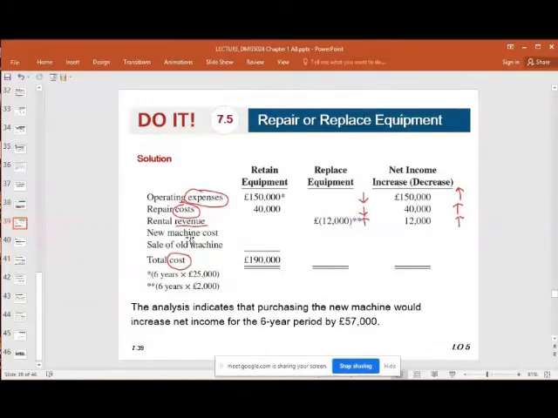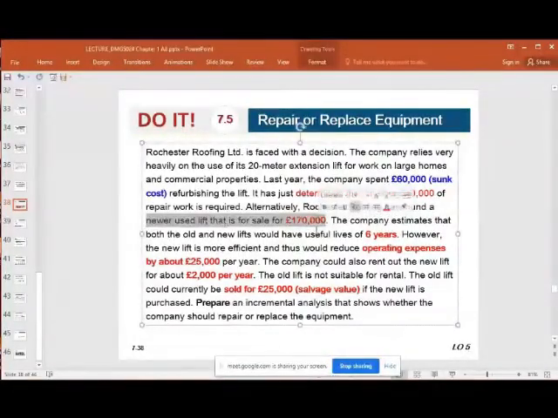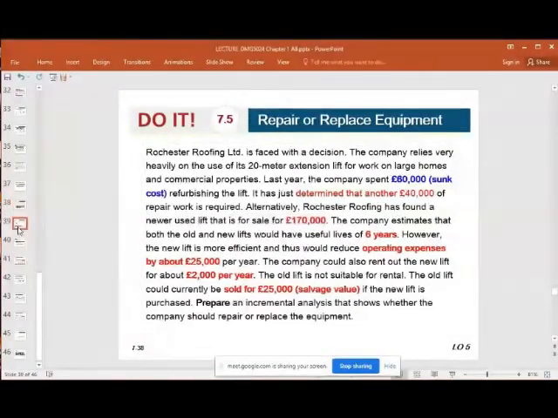Next one, new machine cost. If you retain your old machine, nothing. If you replace your equipment, let's look at the new machine cost. Rochester Roofing found a new lift for 170,000. So 170,000 will be your cost.